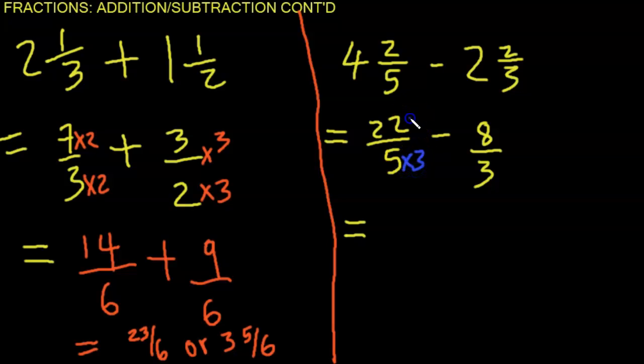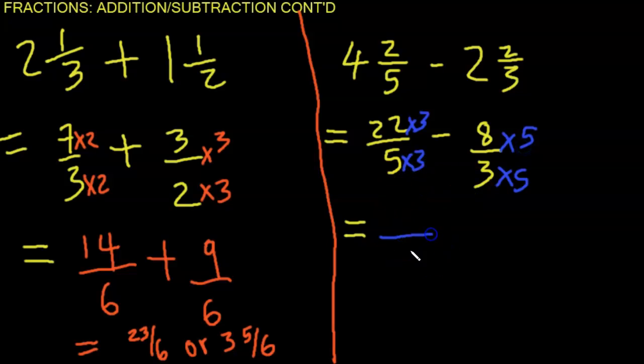Remember, we have to do the same thing to the numerator. In the same way, we want this denominator to become 15 also. So what can we multiply to this 3 to make it become 15? And yes, that's 5. But again, the same has to be done to the numerator.